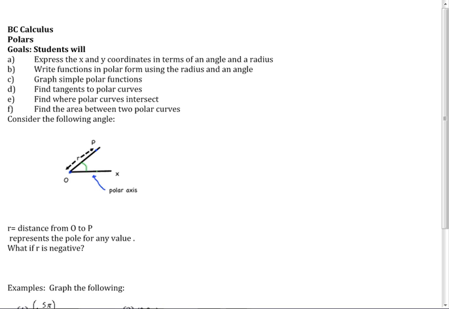Write the functions in polar form using radius and angle. Graph some simple polar functions. There will be some polar problems on the multiple choice without a calculator, so you're going to have to be able to graph the simple ones. Find tangents to polar curves, and find where these intersect. That is tomorrow, and then we're going to be working on AP problems.